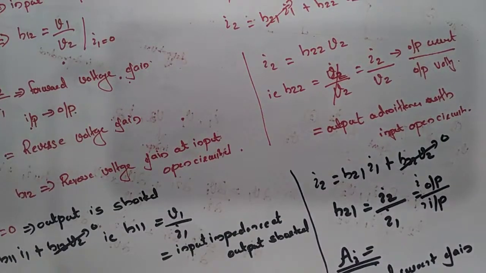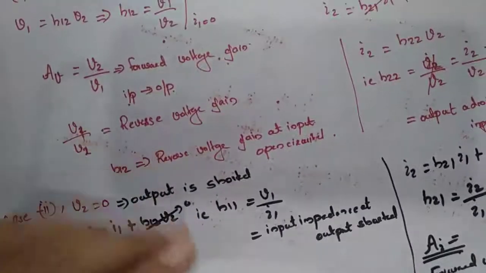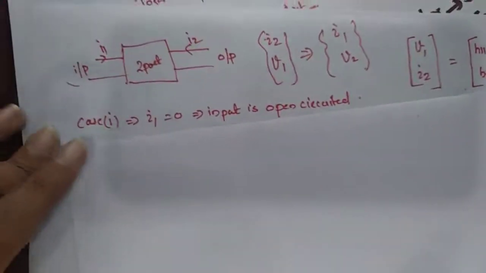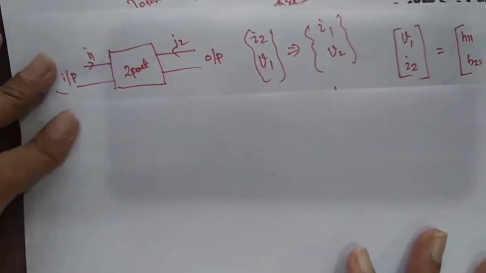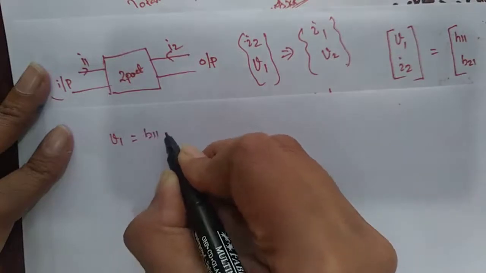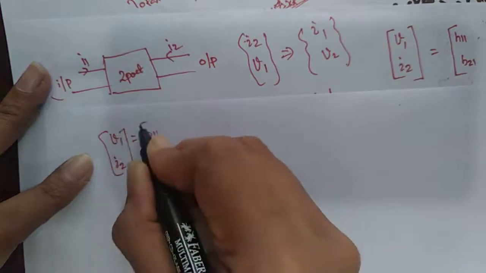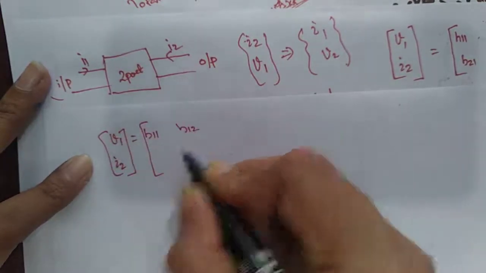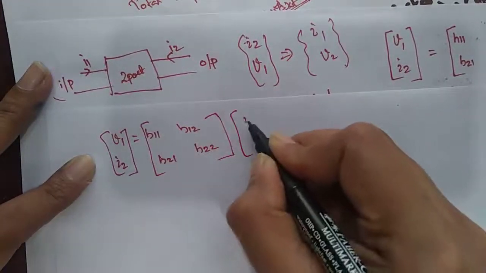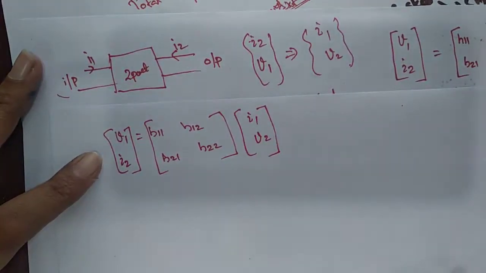I can rewrite the equations: V1 is equal to H11 I1 plus H12 V2, and I2 is equal to H21 I1 plus H22 V2.